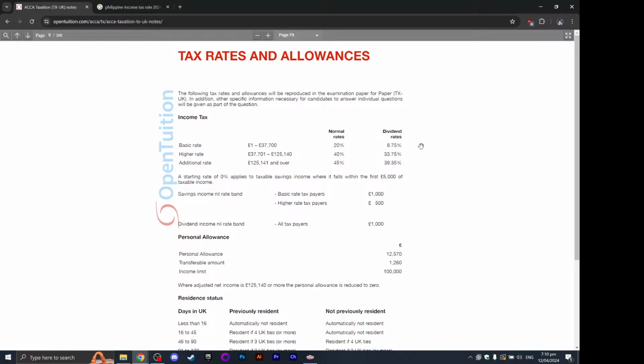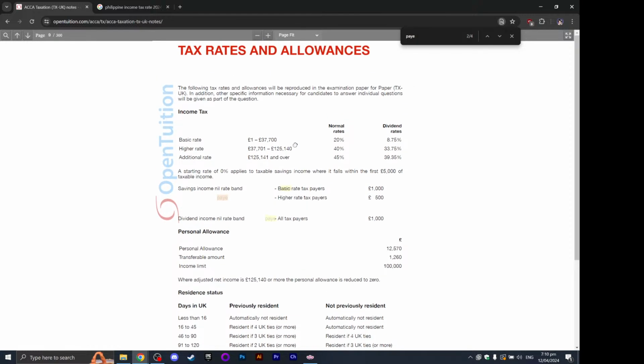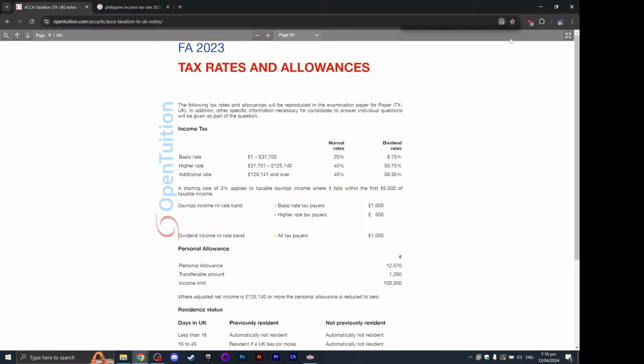Oh yeah, also in the tax calculation here, you have to calculate for PAYE. In Australia, it's called PAYG, but in the UK, it's called PAYE.